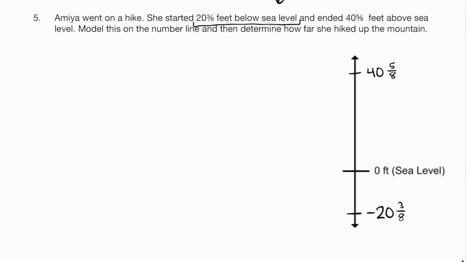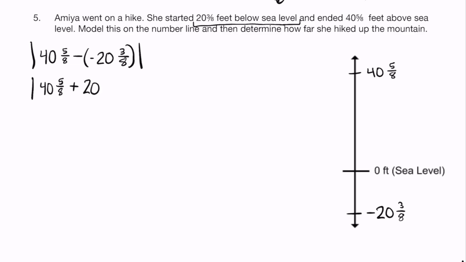So you could subtract the numbers: 40 5/8 minus a negative 20 3/8. And then take the absolute value, meaning whatever you get, you should make it positive. If it's already positive, you keep it positive. So when you do that, 40 5/8 minus a negative 20 3/8 turns into plus 20 3/8.